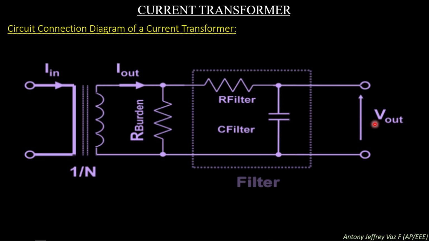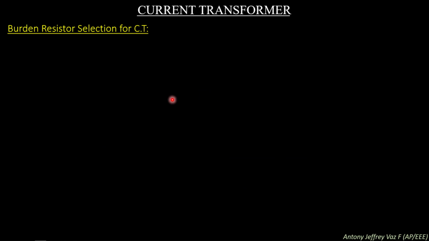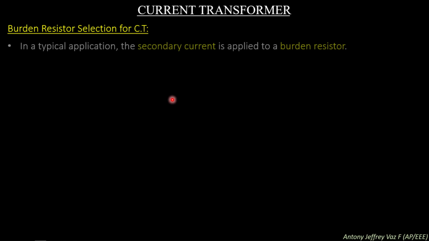And from here, measuring instruments such as an ammeter, or digital equipment such as microprocessors, microcontrollers, relays or numeric relays can be connected at the Vout terminal of the secondary of the current transformer. Burden resistor selection of current transformer.